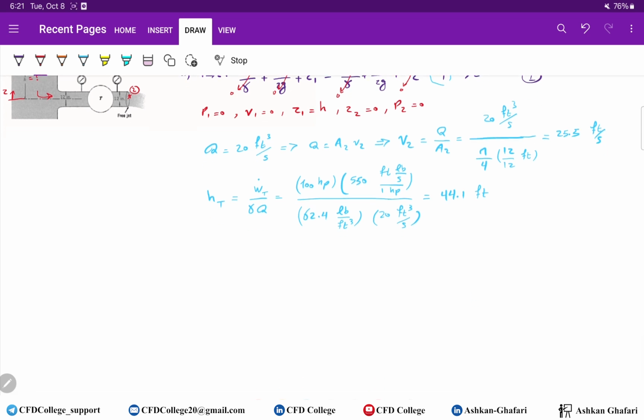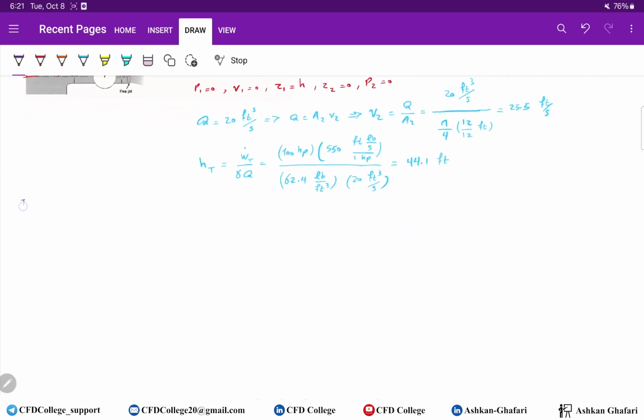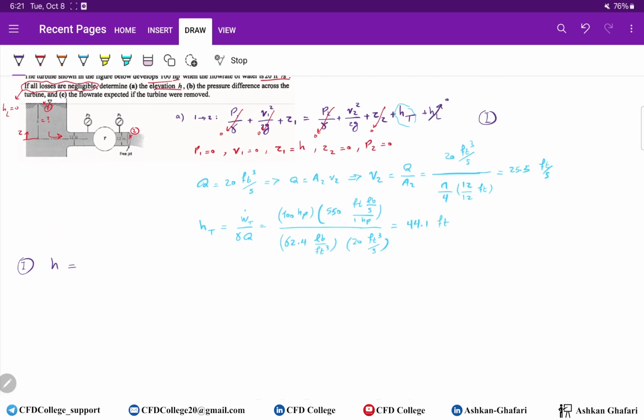So if we replace the values into equation 1, Z1, H, equals V2 squared, which is 25.5 feet per second squared, over 2 times 32.2 feet per second squared, plus 44.1 feet, equals 54.1 feet.